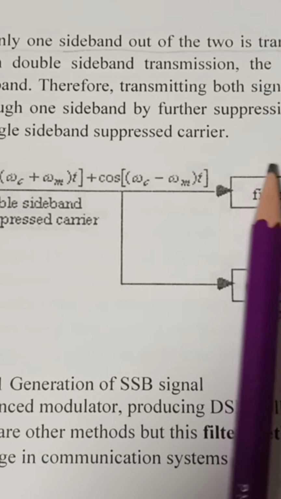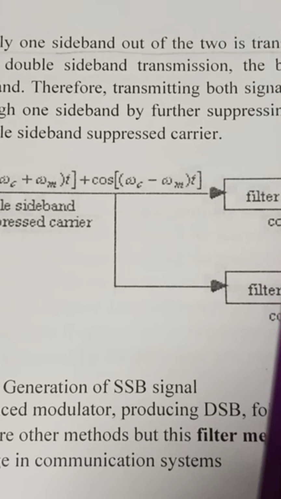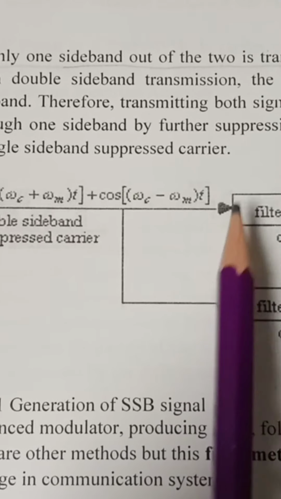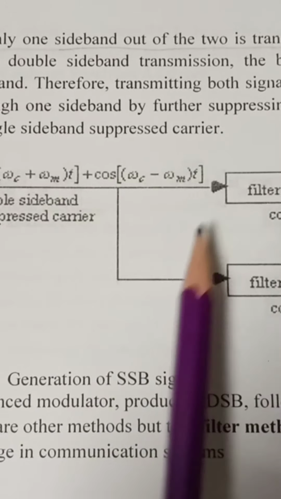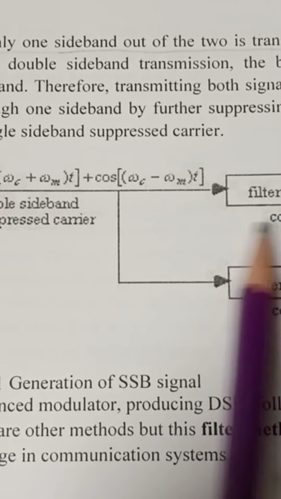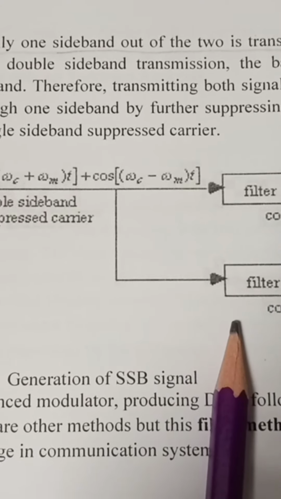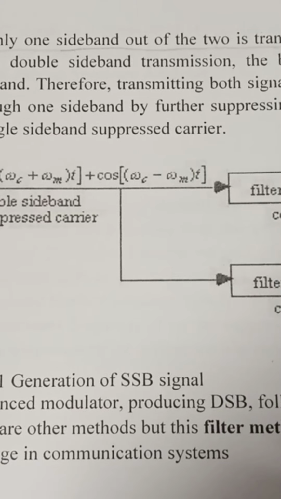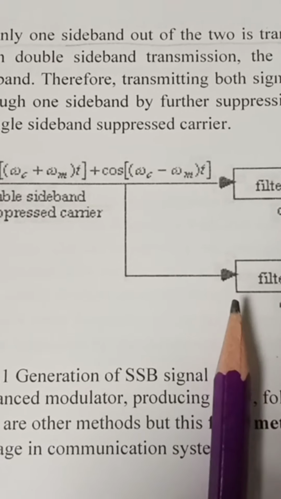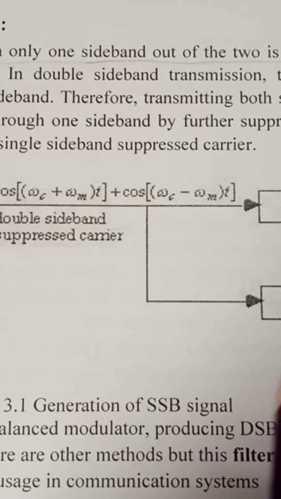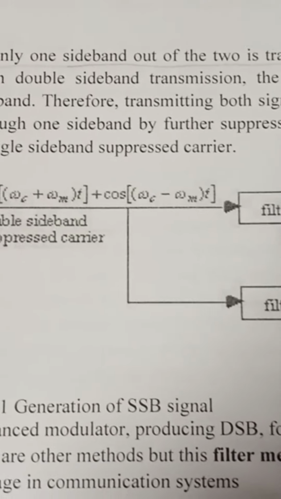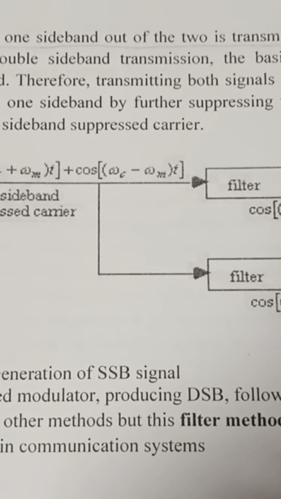If I want to transmit the lower sideband, then I will set the properties of the filter accordingly. If I want to send the upper sideband, then I will set the filter frequencies accordingly, by using capacitor and resistor values. So on the output I will get either lower sideband or upper sideband.